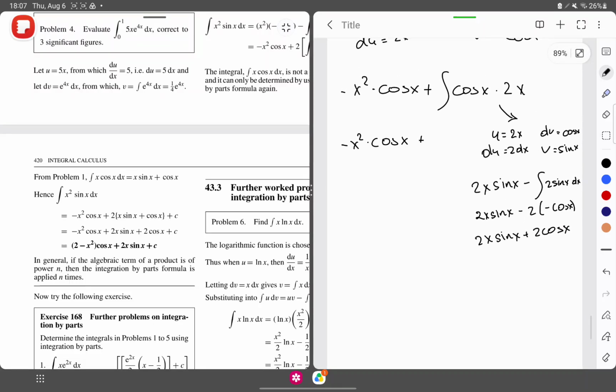Let me write this here: 2x sine x plus 2 cosine x. But I want to organize this one.